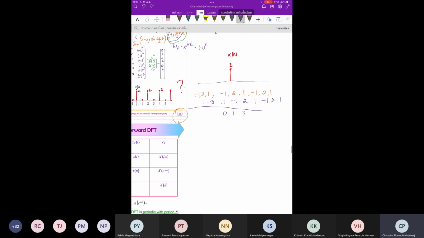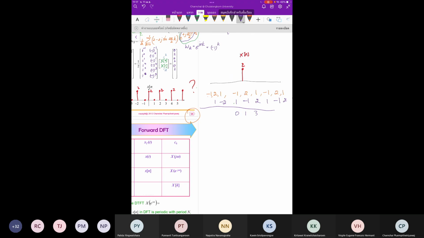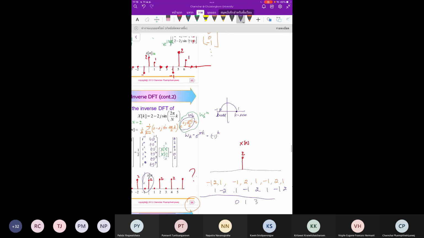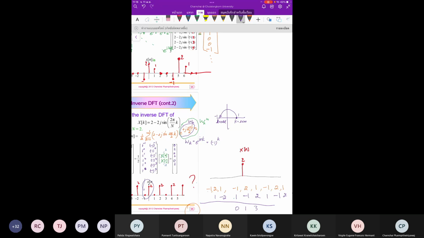It's like merging somehow. 0 and 2, where is it from? Hmm.